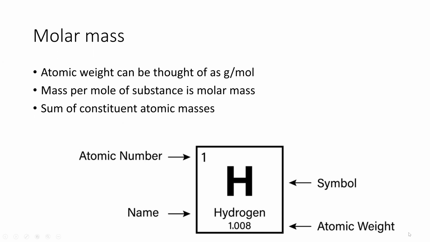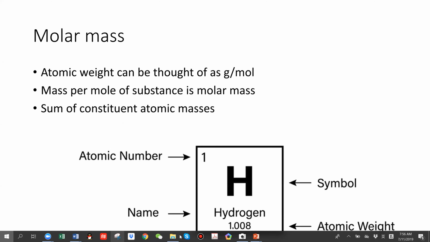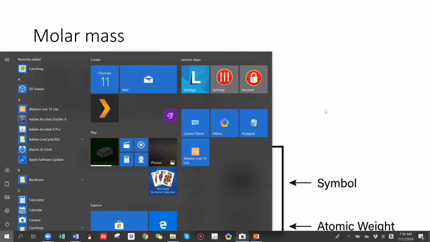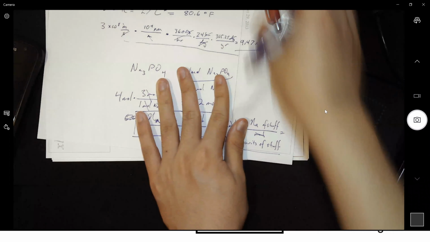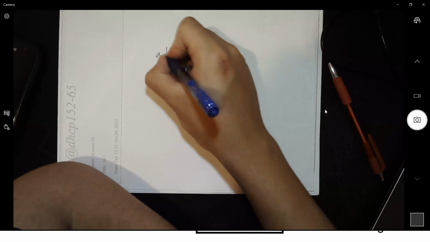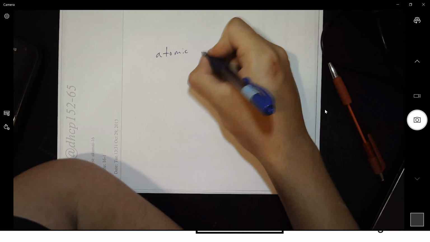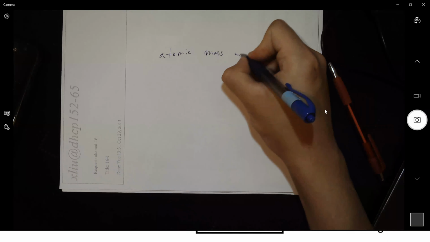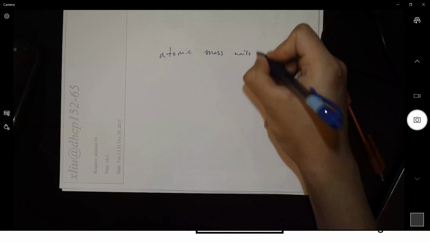That's how much that atom weighs in atomic mass units, or AMU for short.